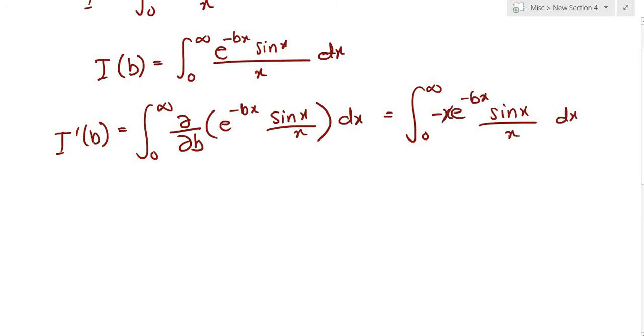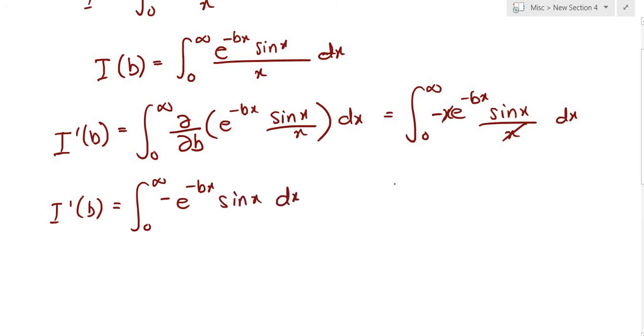The x's will cancel out proudly. That's why we introduce the parameterization, so that we get rid of the denominator. And we have I prime of b being equal to the integral from 0 to infinity of negative e raised to negative bx times the sine of x dx.